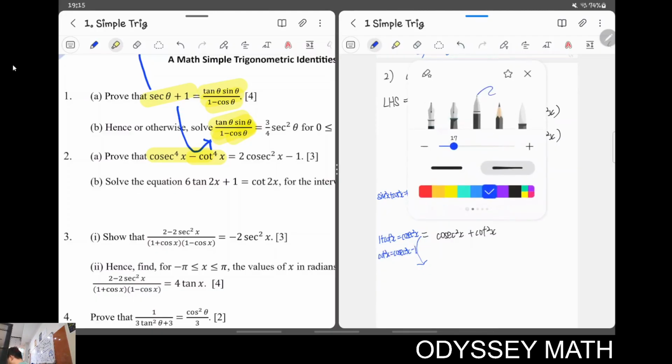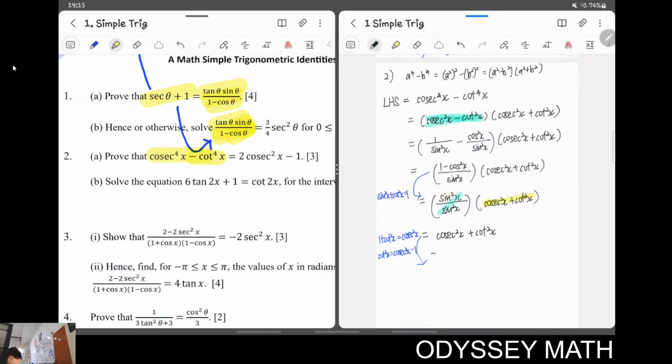So we have here cosecant square x plus cosecant square x minus 1, which equals 2 cosecant square x minus 1, which equals the right hand side, proven.